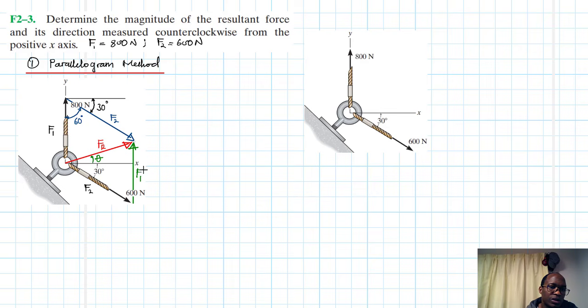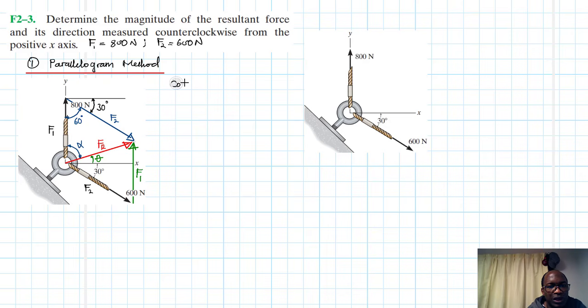So for us to find that, we will need to find this angle here, so that we subtract from 90. This angle, we're going to call it alpha. Great. So let's go ahead.